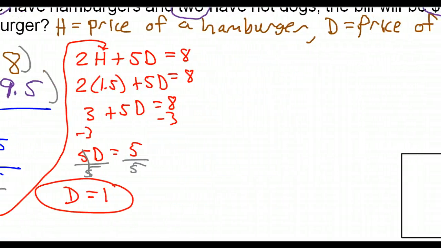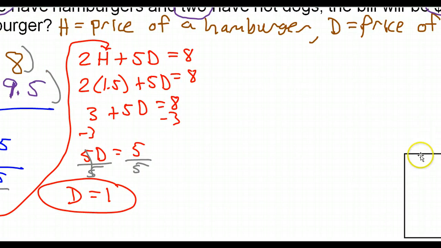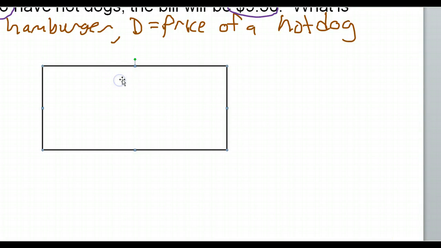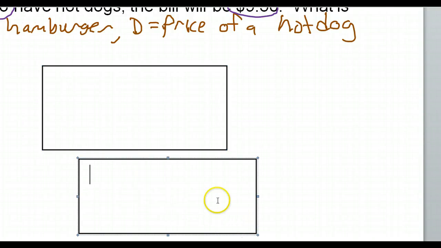So let's just go ahead and put that in a sentence form. I thought this was a text box. Maybe it was not a text box. All right. There's a text box.